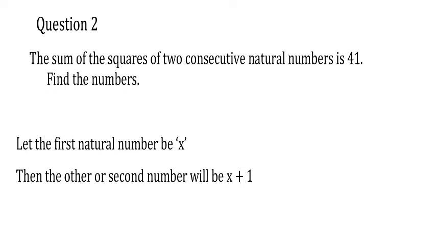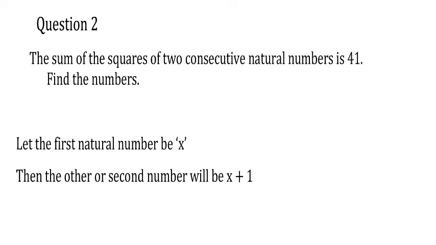So, the condition says the sum of the squares of two consecutive natural numbers. Let us write the equation as x square, the square of the first natural number, plus, because it is given as sum, the square of the second natural number, x plus 1 whole square.